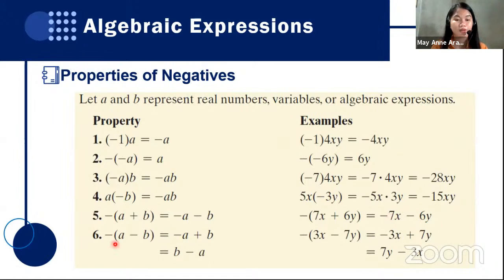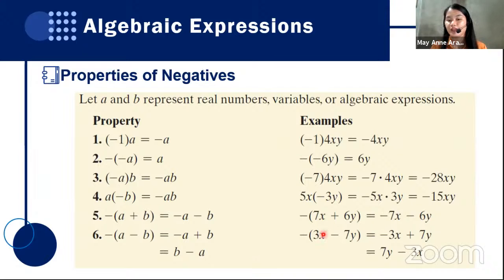And last, for this, we have negative 8. Ito naman, negative naman yung nasa loob ng parenthesis. So we have negative times quantity of a minus b. Again, distribute the sign. Negative times a is negative a, and negative times negative b is equal to positive b, or you can write this as b minus a.